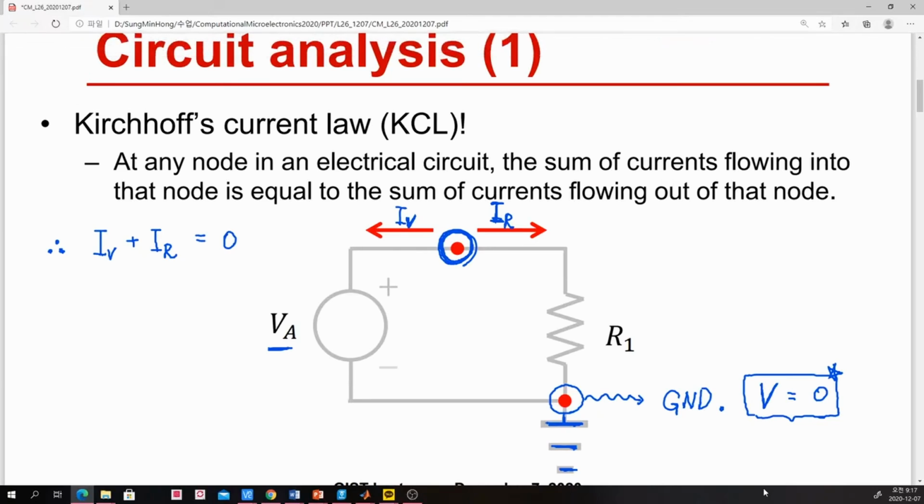Kirchhoff's current law is always right, so it's okay. But the natural question is, here we have two unknown variables and just one single equation. Therefore, the number of equations provided and the number of unknown variables do not match at all. Then how can we introduce an additional equation to make our system determined?